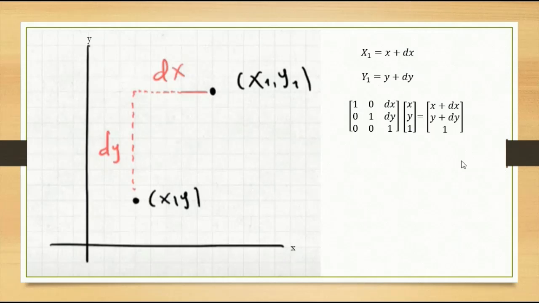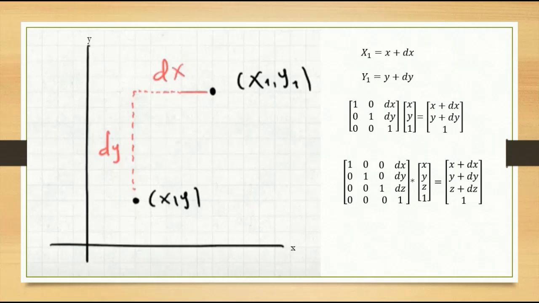Knowing this, we can scale this up to 3 dimensions. We have the exact same identity matrix having the differential of each point multiplied by the value of each point that we are analyzing, resulting in each point adding up to the differential of the new point.